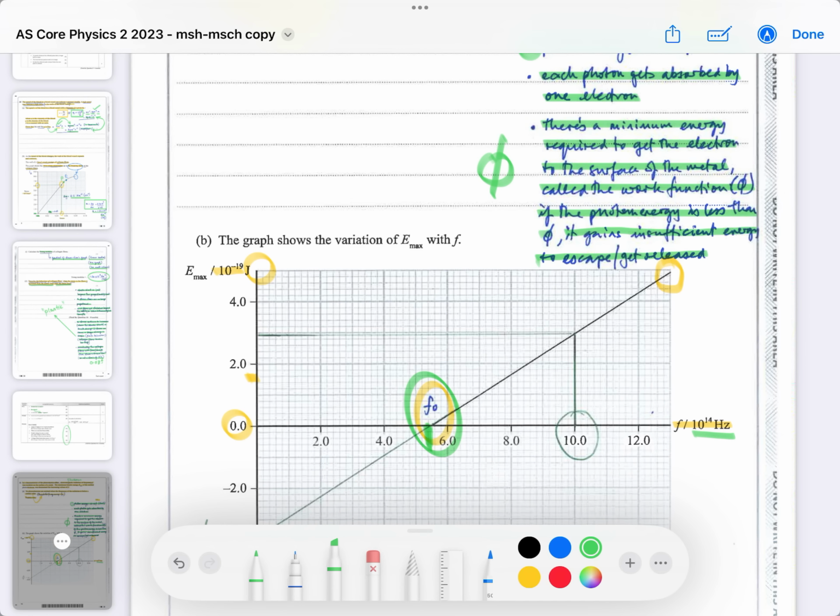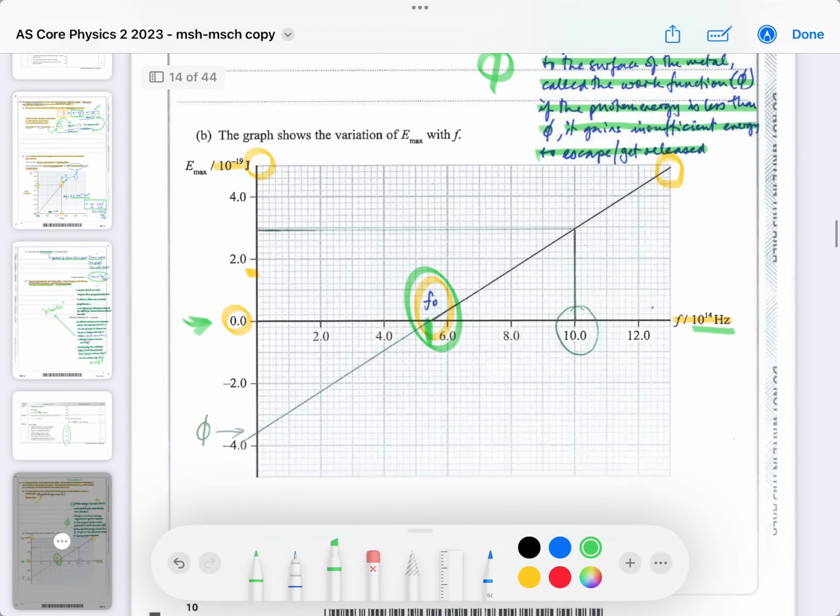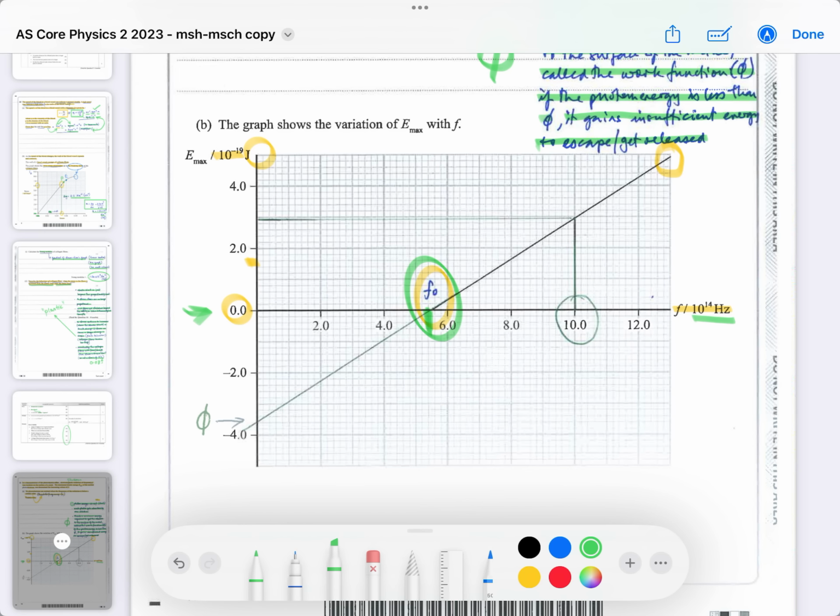Because they end up with 0 kinetic energy. They might get to the surface, but they won't be able to escape it, okay? So I've then extrapolated this line back, so the line was only drawn up to here. I've extrapolated back to see that this would be the work function.